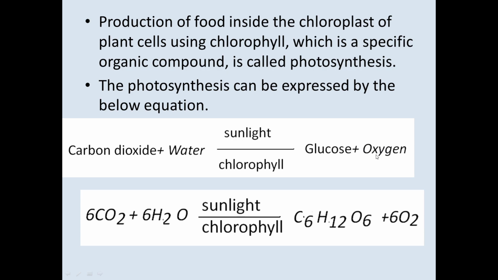This word equation of photosynthesis is important to know for your exam purposes. It can be written as a symbolic equation: carbon dioxide, water, sunlight and chlorophyll, glucose and oxygen. To make the number of atoms on both sides equal, you have to put 6 here, 6 and 6. Now the number of atoms on both sides, the reactants and the products, are the same.